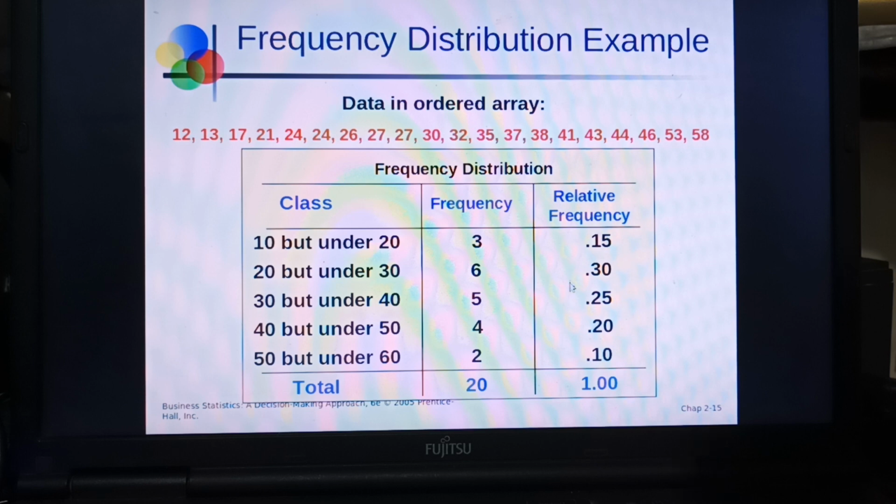Class, the total of this relative frequency must always be 1.0. No more, no less. Because if it is not 1.0, that means something went missing. Something went unaccounted for. It's always the whole proportion, when you add all the relative frequencies, it should add up to 1.0.